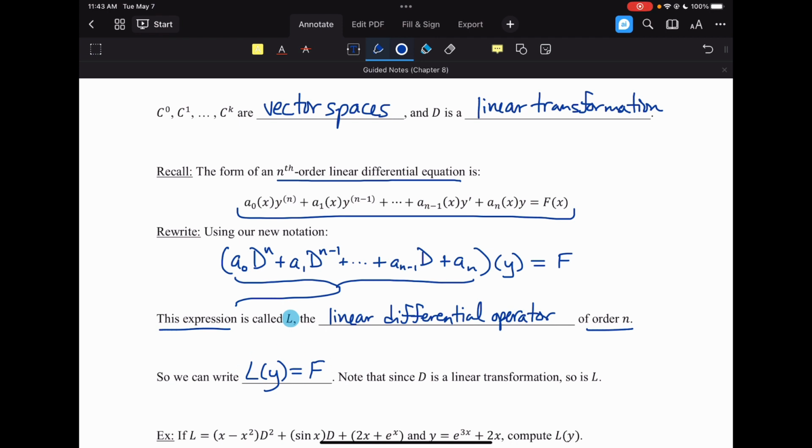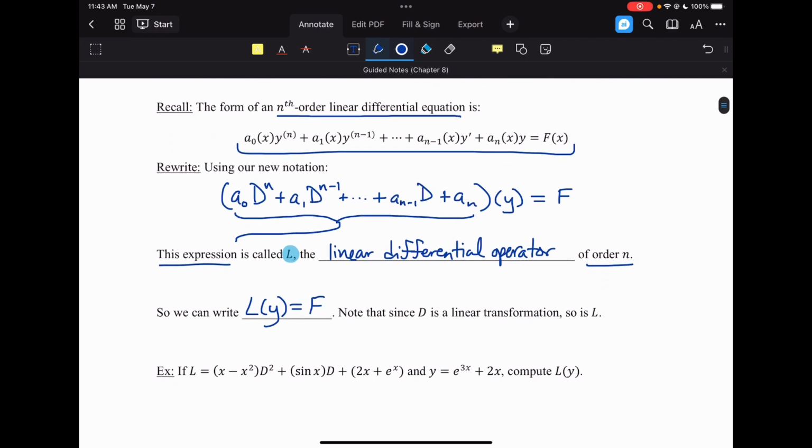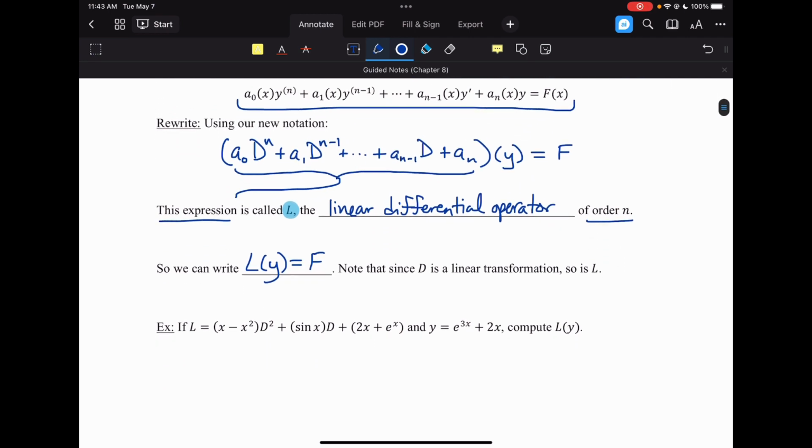Now, what does that look like in practice? Well, if we take this example right here, L is (x minus x squared) D squared plus sine of x D plus (2x plus e to the x), and y is the function e to the 3x plus 2x, and it says compute L of y. So here is L in terms of D squared and D. Now it's asking us to find this original version.